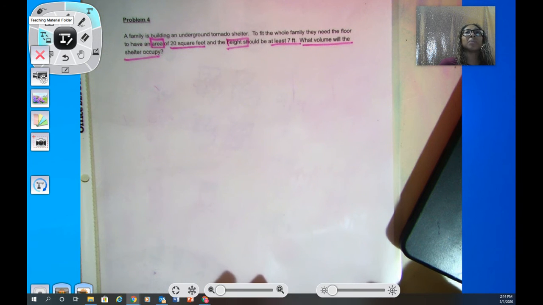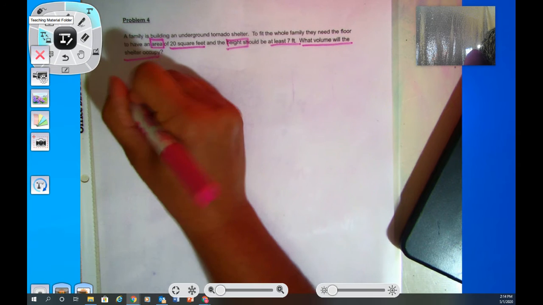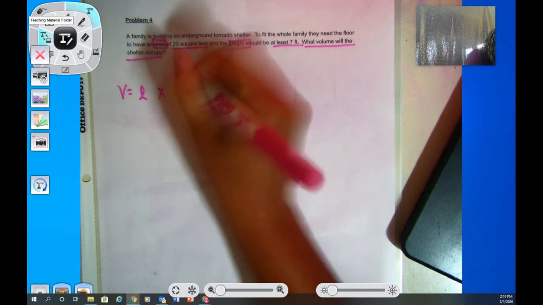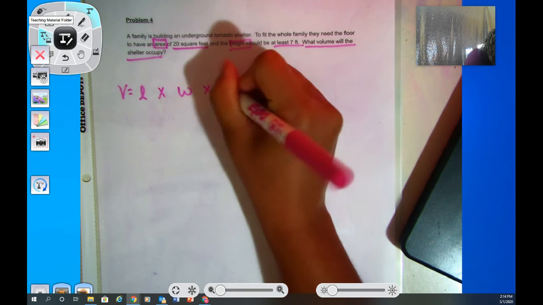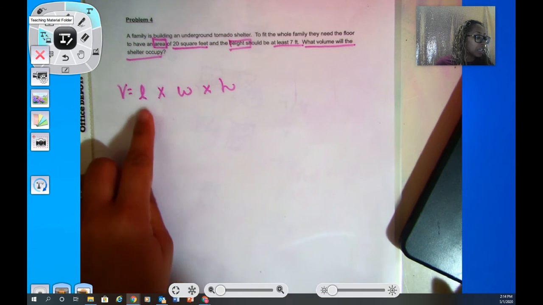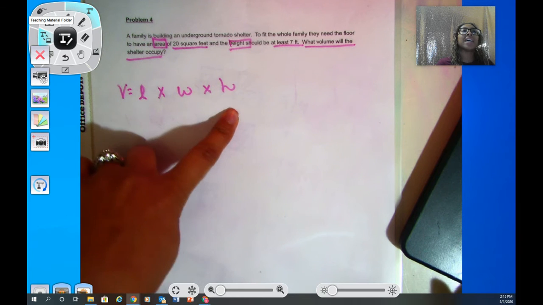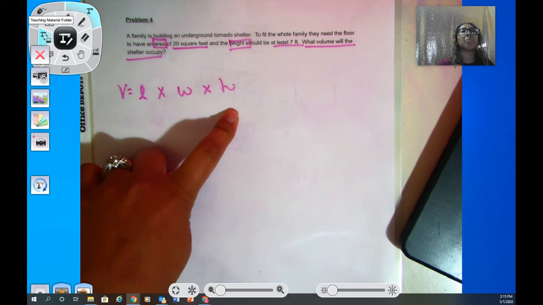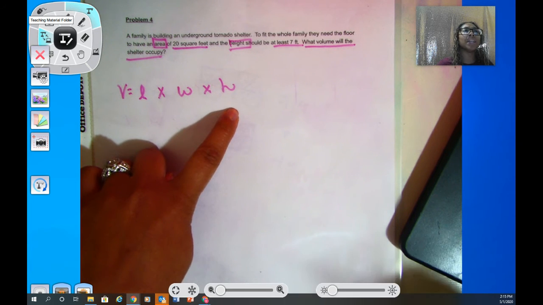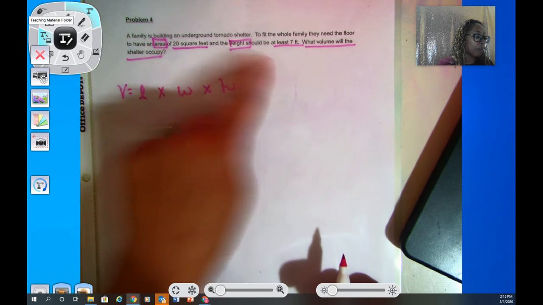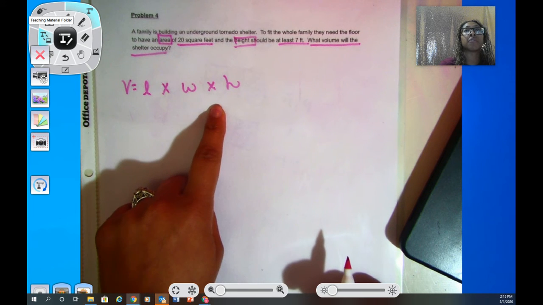All right, so as we were doing this lesson, we learned 2 different formulas for volume. The first one was length times width times height. As I'm looking through my word problem, I'm looking to see what information in my problem matches what I need for this formula.